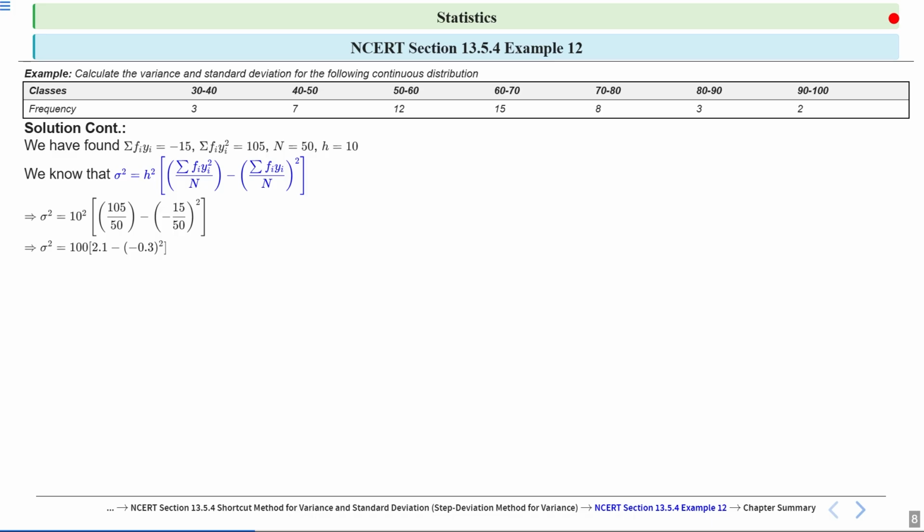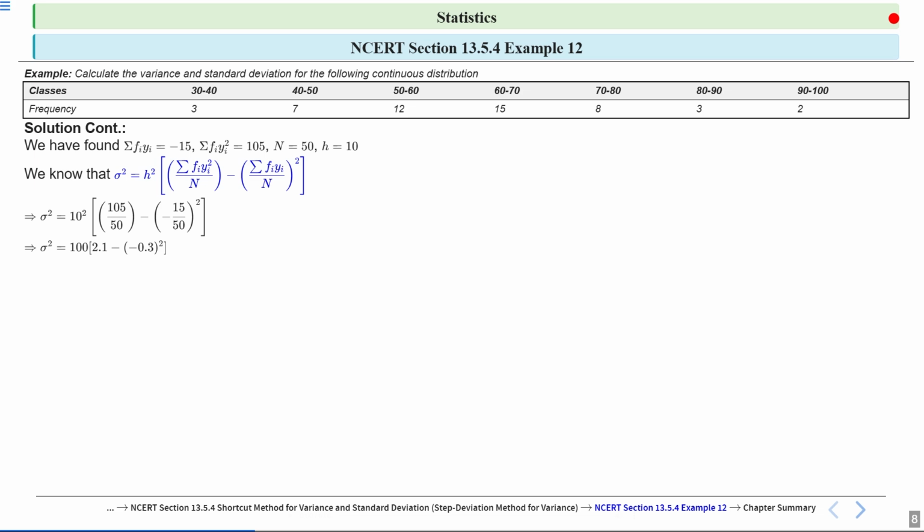Now let's simplify inside the brackets. 105 divided by 50 is 2.1, and minus 15 divided by 50 is minus 0.3. So the equation becomes sigma square equals 100 times 2.1 minus minus 0.3 whole square.